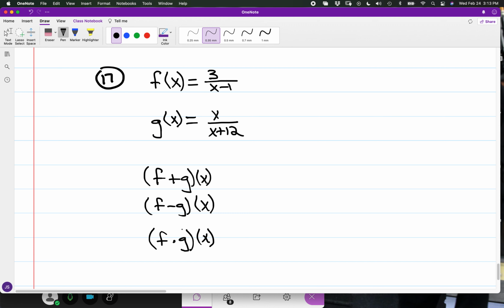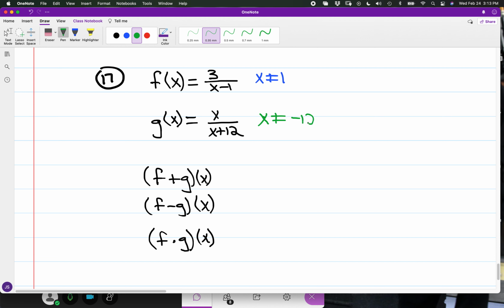First of all, for f of x equal to 3 over x minus 1, x minus 1 cannot be 0, so x cannot be equal to 1. And for g of x, we have x over x plus 12. To keep x plus 12, the denominator, from being equal to 0, x cannot be negative 12.